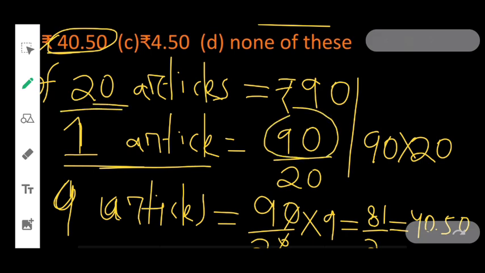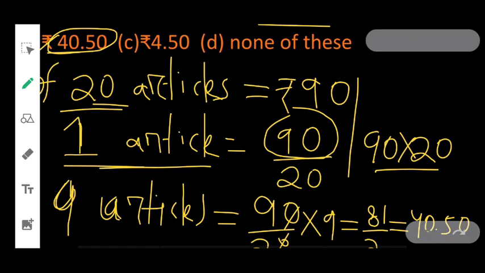So this is 90 by 20. But in case of inverse variation, you have to multiply the given value and the given quantity. So 90 multiplied by 20.